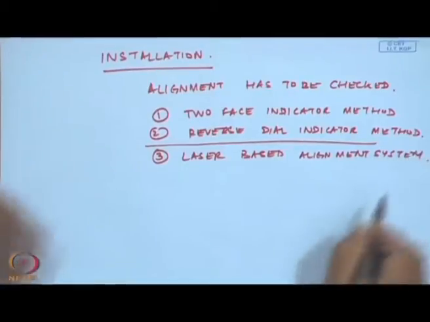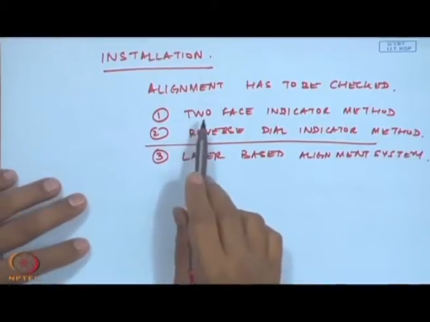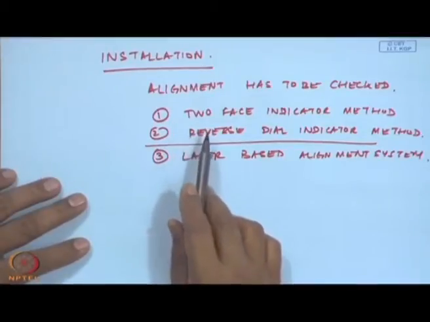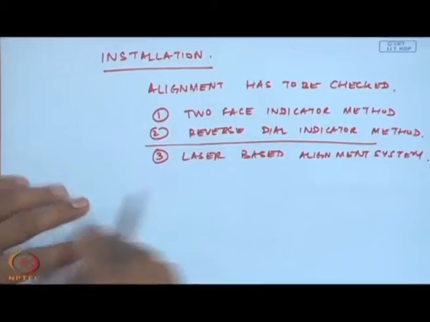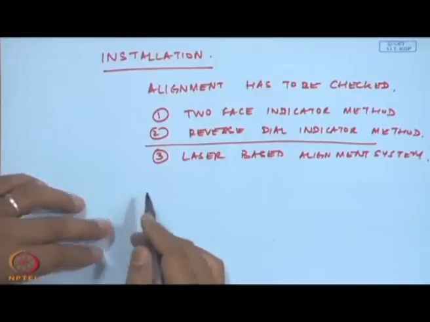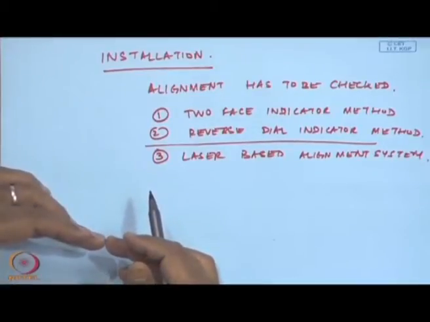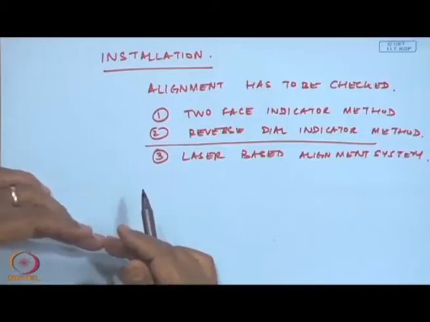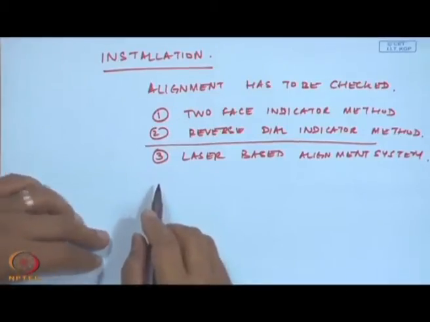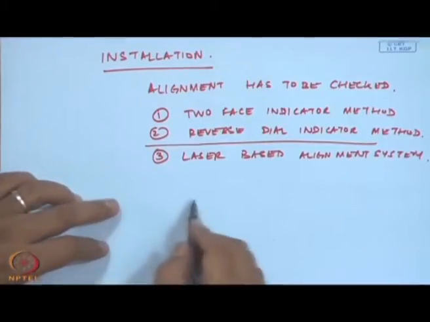This is because in the first 2 methods, the two-phase or the reverse dial indicator, the 2 shafts have to be very close to each other, so that we can take the dial gauge readings through a common shaft.